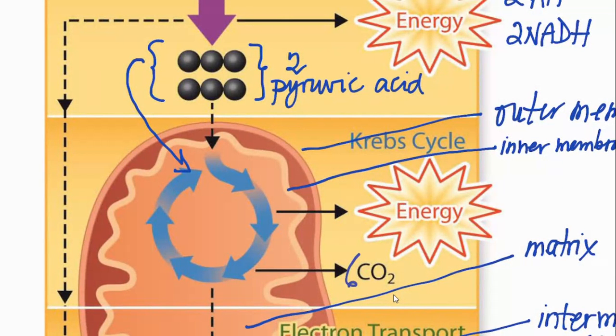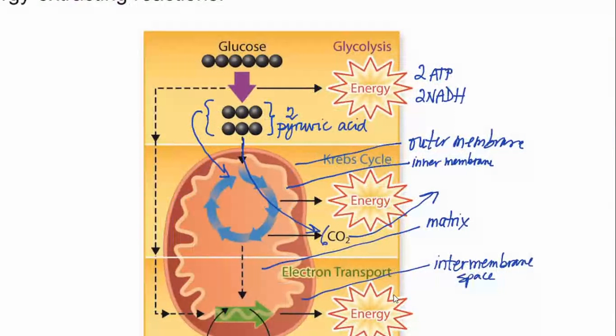Since there are 6 carbons in those 2 pyruvic acids, eventually we produce 6 carbon dioxides, which get released into the environment. So for you, what that means is that you exhale them. So when you eat glucose, you exhale that carbon waste.